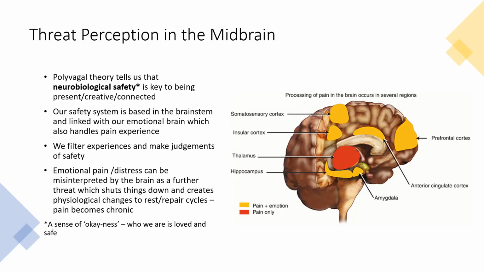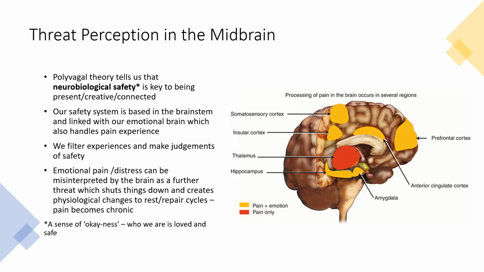And so the problem is that emotional pain or distress that you didn't process in the past can be misinterpreted by the brain as another threat. And so you get in the pain loop, or the pain cycle, where emotions trigger pain, pain triggers more threat, which triggers more unresolved messages of unsafety.